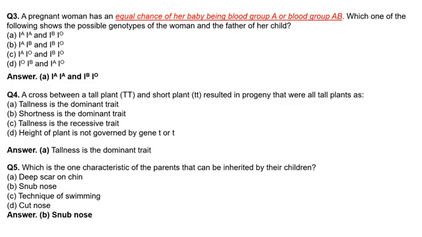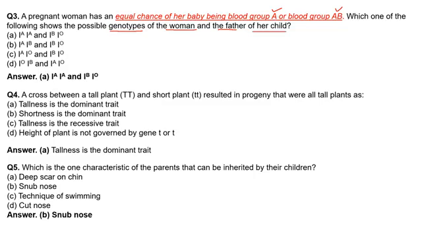Let's read question number 3. A pregnant woman has an equal chance of her baby being blood group A or blood group AB, right? Which one of the following shows the possible genotype of the woman and the father of her child?